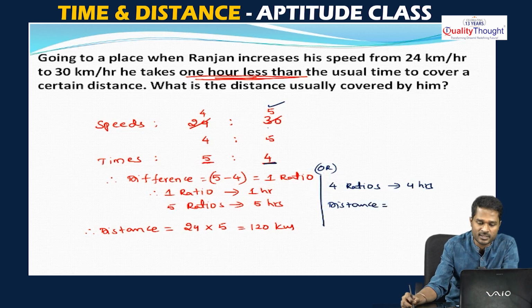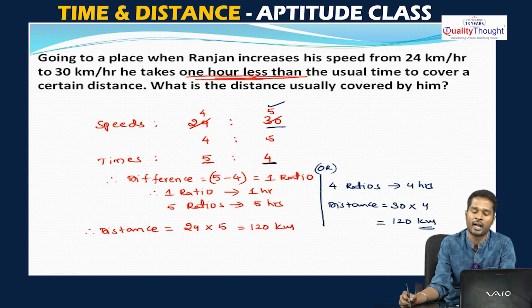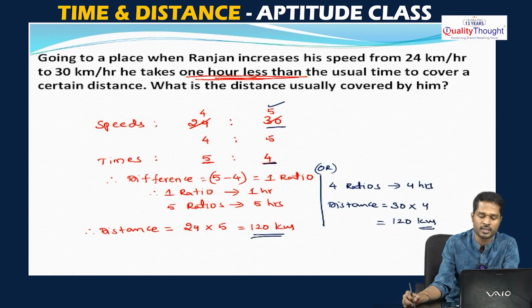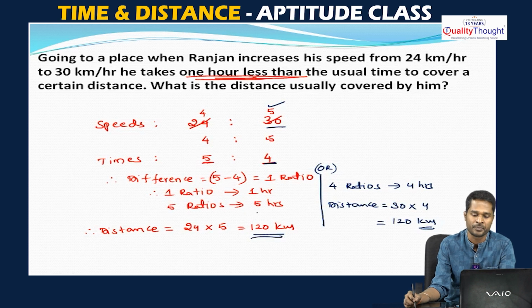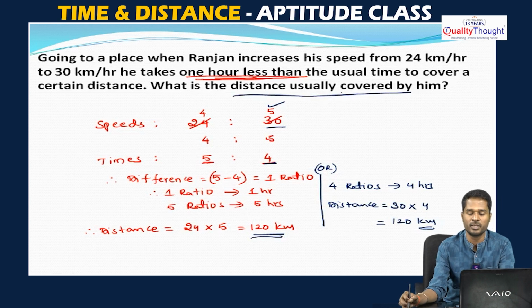So the speed is 30 kilometers per hour and the time taken is 4 hours, which gives 120 kilometers. In both cases the answer remains the same. Either you take the first scenario or the second scenario, the answer is 120 kilometers. So the distance usually covered by him is 120 kilometers.